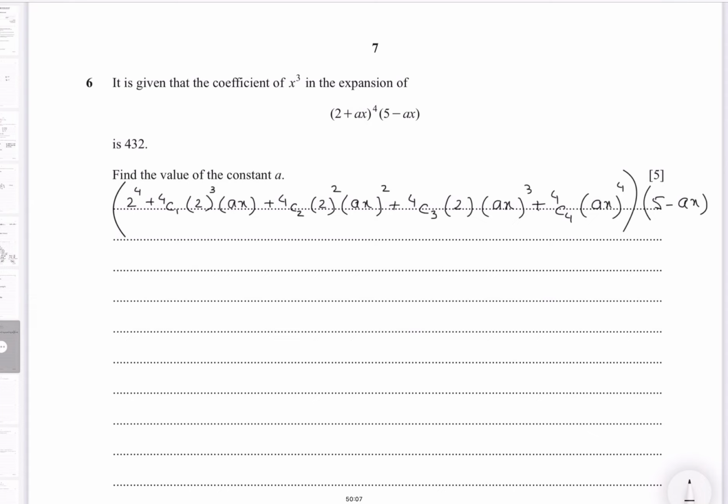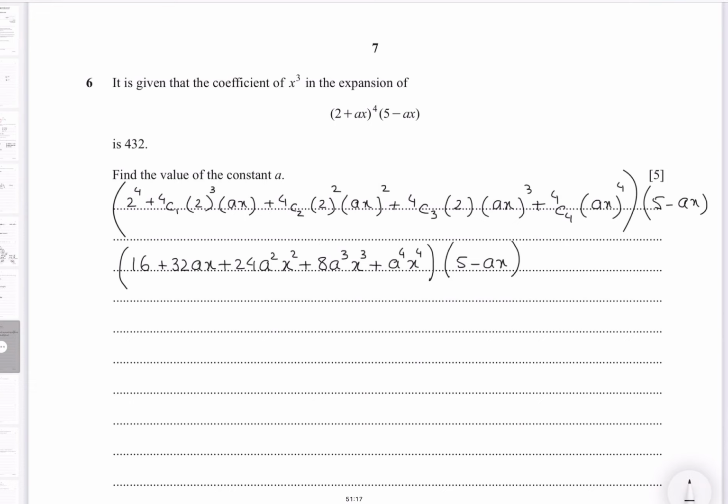Now simplify the first bracket. 2 power 4 is 16, 4c1, 2 power 3 ax would be 32ax, plus 24a power 2 x square, plus 8a power 3 x power 3, plus a power 4 x power 4, times 5 minus ax.